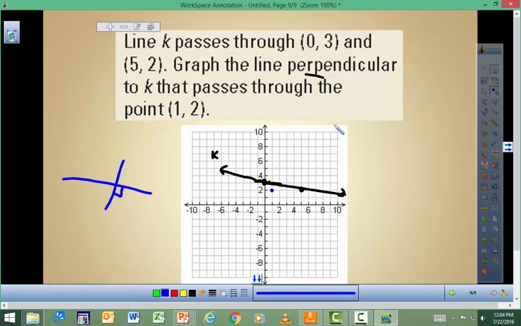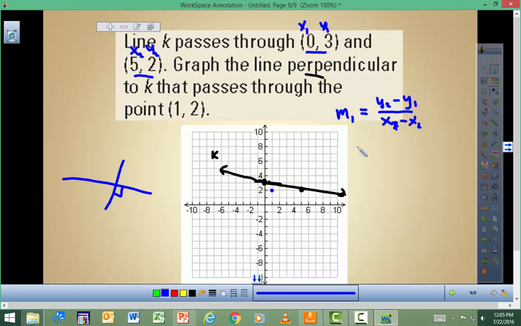Well, here's the plan. What we're going to do is find slope number 1 first, and we're going to use this point and this point. So there's my X, there's my Y, here's my other X, there's my Y. We'll call this X1, Y1, X2, Y2. To use the slope formula, I need to subtract the Y coordinates, and then I need to subtract the X coordinates.